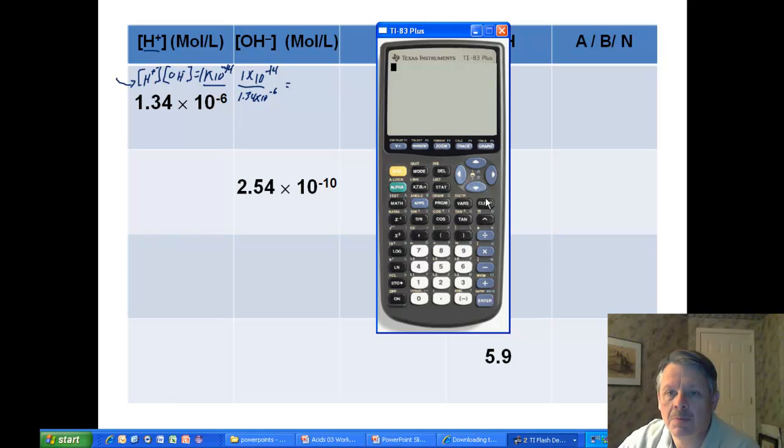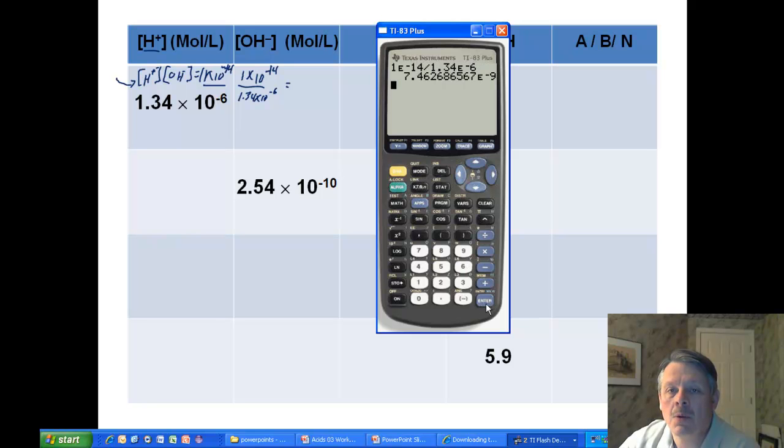There's my problem. Alright. So I take 1 times 10 to the minus 14th. So I do the second EE key, and then I do the minus. This is the minus sign down here. It's not the subtract sign. And it's going to be 14th, and it's going to be divided by 1.34, and again times, so you do the second EE key, 10 to the minus 6th.